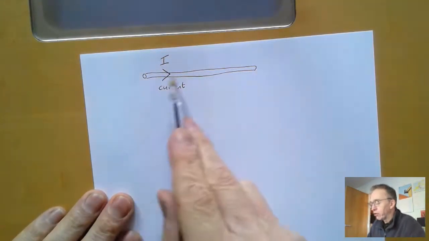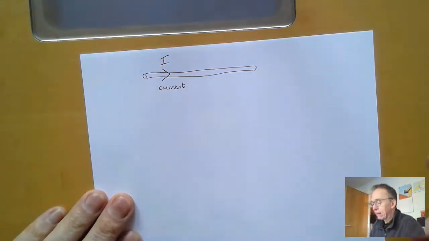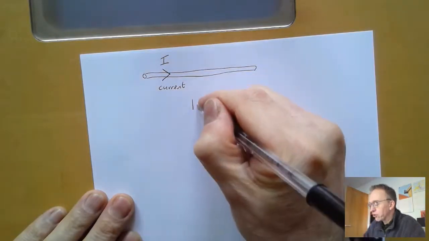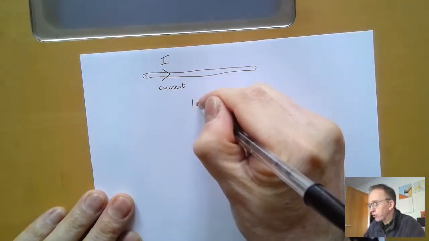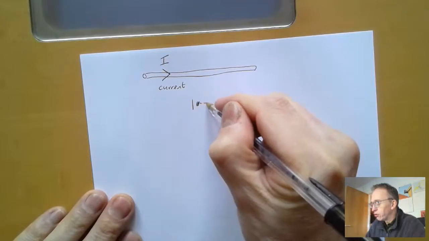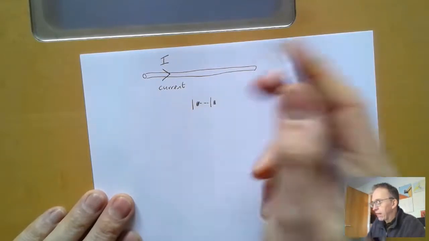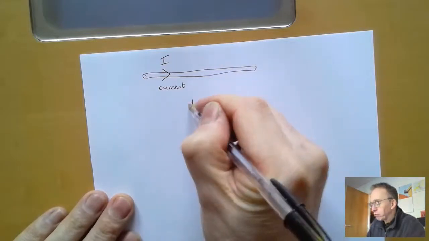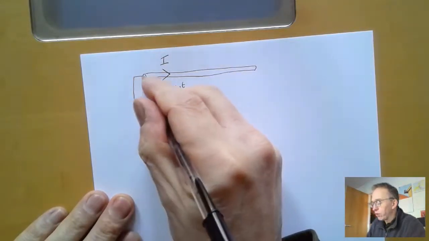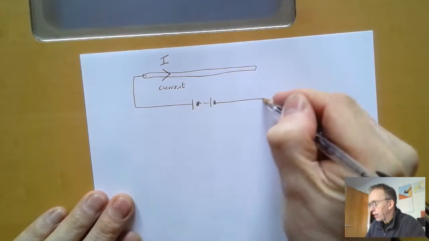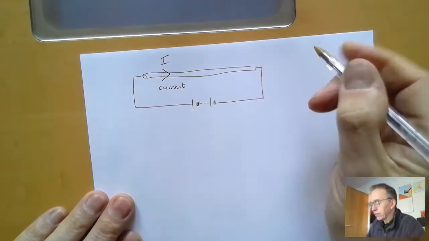Now, a current will not flow by itself. It needs a battery or some sort of source of electromotive force to push it along. And we can supply that by connecting a battery between the ends of the conductor. And the diagram for that would look something like this.